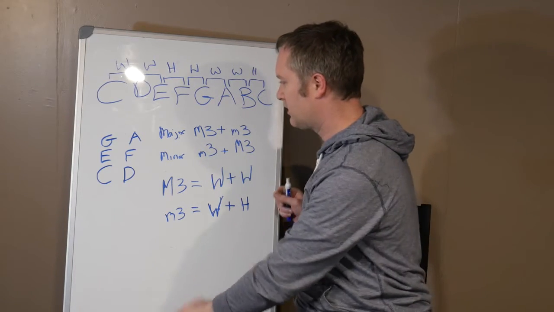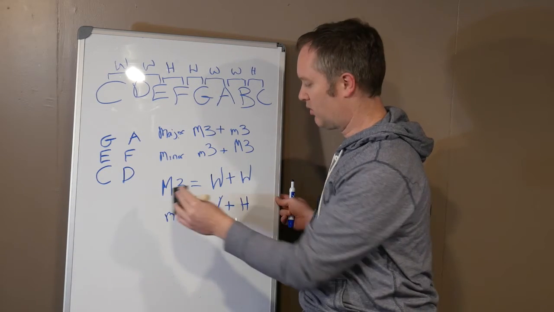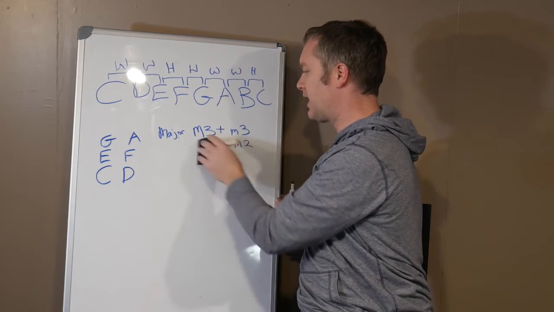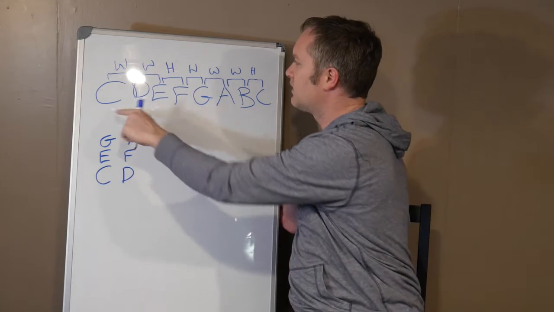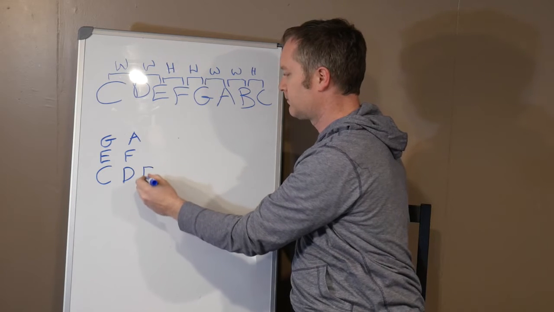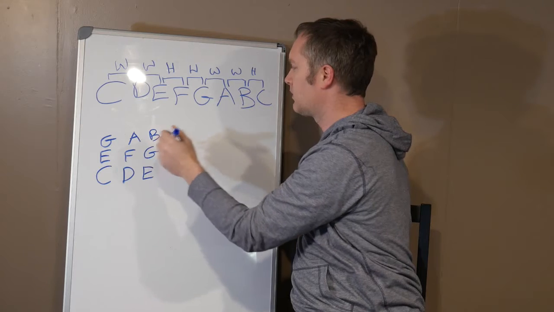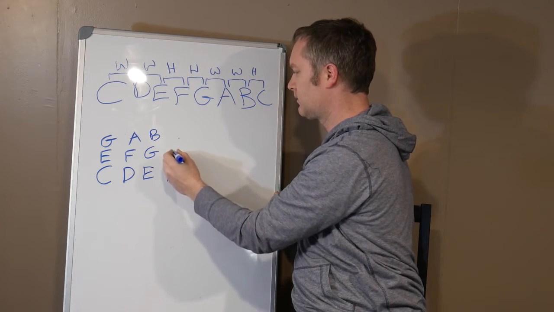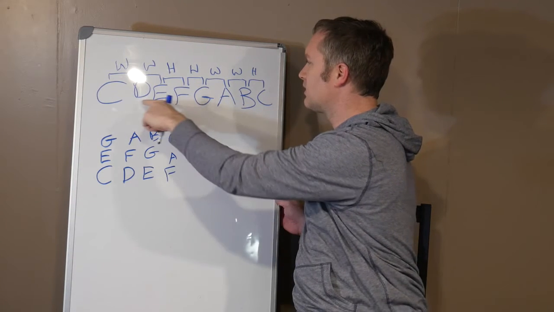Okay. So using this information, we can decide whether or not a chord is major or minor without ever hearing it. So let's continue this. C, D, E is every other note, E, G, B. This is an E chord. F, A, C. G, B, D, right?